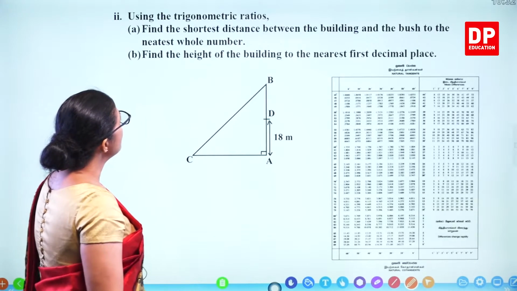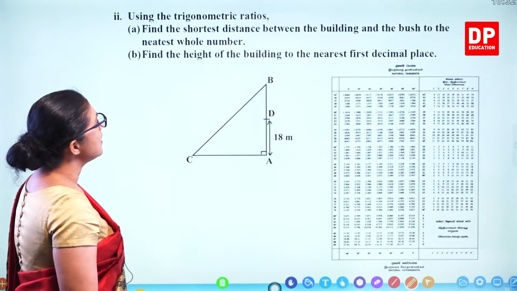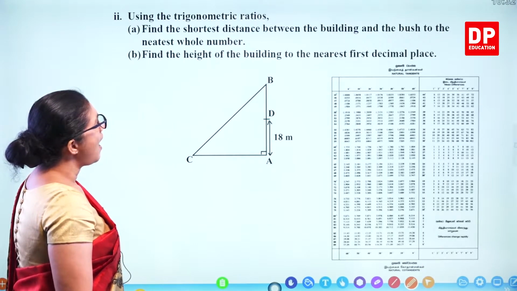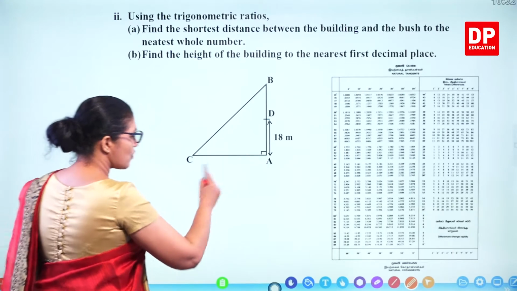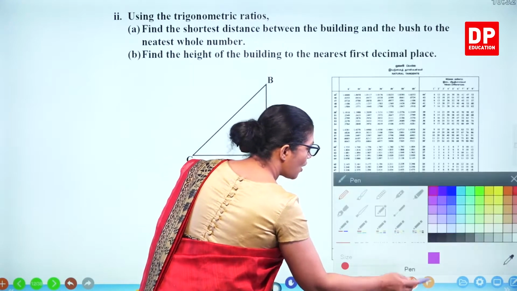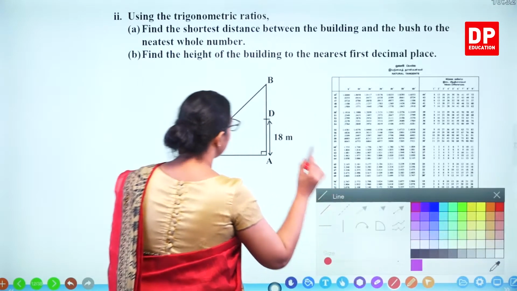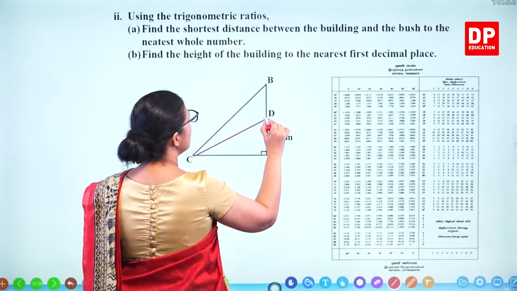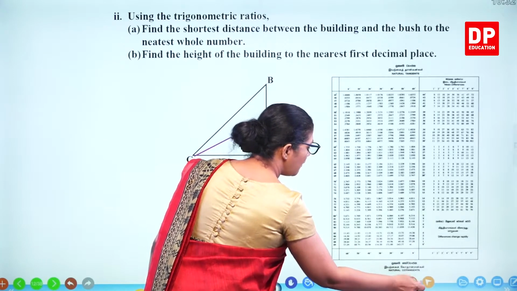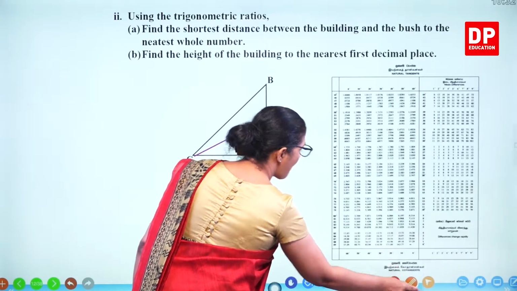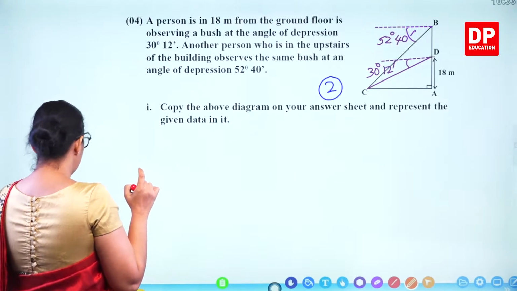Using the trigonometric ratios, find the shortest distance between the building and the bush to the nearest whole number. So, this distance we need to find out. So, here we'll connect it again. And we need to write down the angles. 30, 12.